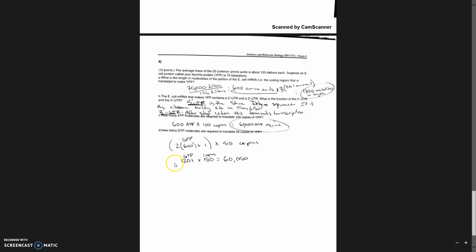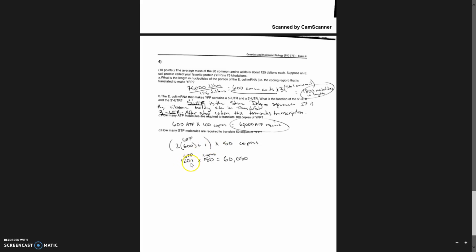And for D, we have how many GTP molecules are required to translate 50 copies of YFP, and the formula for GTP is 2N, where N represents amino acids, plus 1. So in this case, it's 600. So you have 2 times 600 plus 1, times 50.